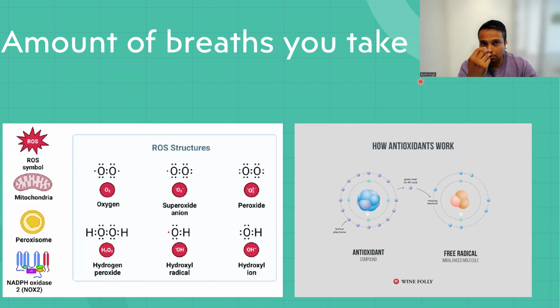It's not your years, but the amount of breaths you take. Reactive oxygen species are created in your body when you eat your food, when your body processes certain activity, when you breathe oxygen. Your mitochondria create energy in the form of ATP, but the byproduct is free radicals, compounds which have an extra electron or one electron which has been lost.